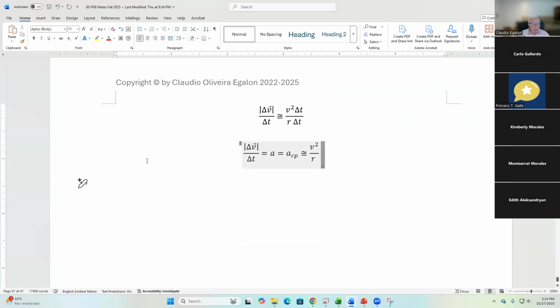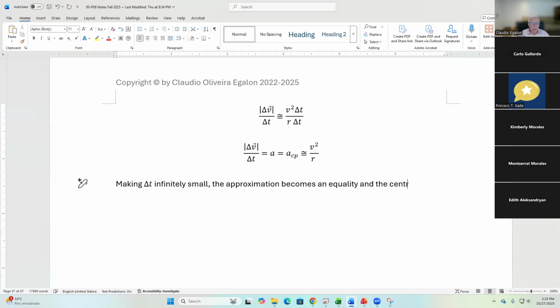Making delta T small enough, making delta T infinitely small, the approximation becomes an equality.